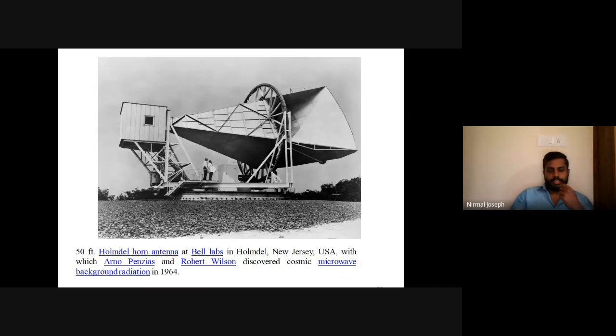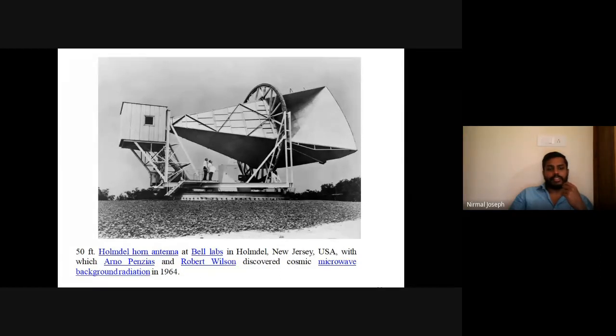And this is a very large horn antenna, the 50 feet Holmdel horn antenna. It is located at Bell Labs, New Jersey, USA. You can see two scientists in the picture, and they discovered cosmic microwave background radiation using this antenna.